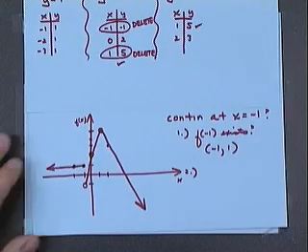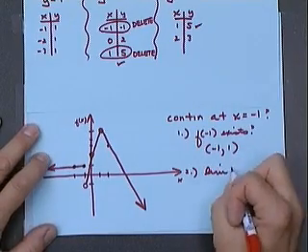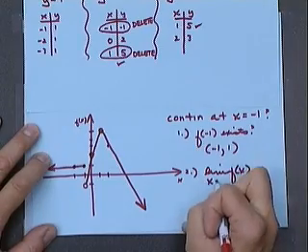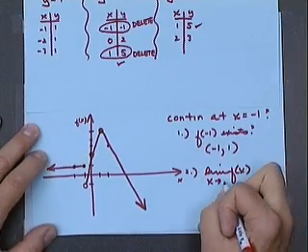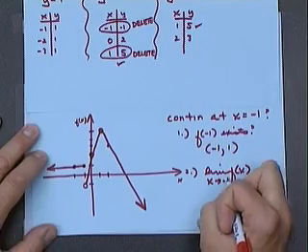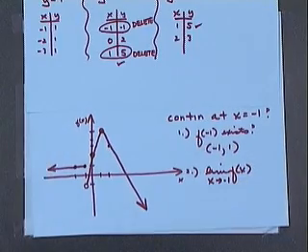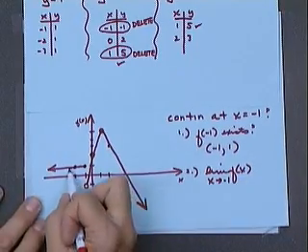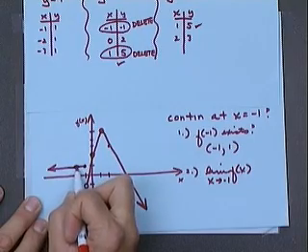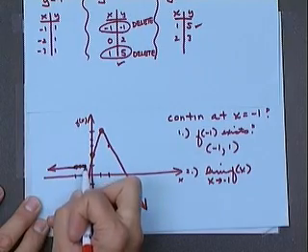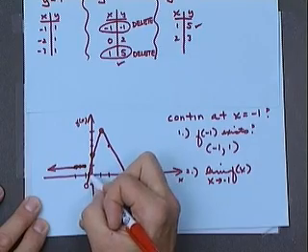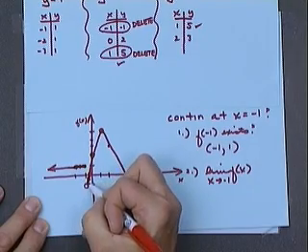Second piece. A limit as x approaches -1. I guess we could look at this in pieces, right? As x approaches -1 from this direction, what's the y value approaching? 1. As x approaches -1 from this direction, negative 1.